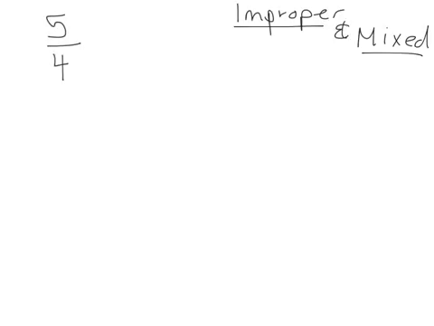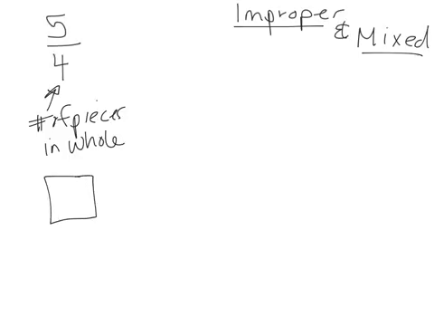I have to think about, what does my denominator represent? And I know that this is the number of pieces in each whole. So if I picture my whole, I know that the whole must be split into 4 pieces, 4 equal pieces.